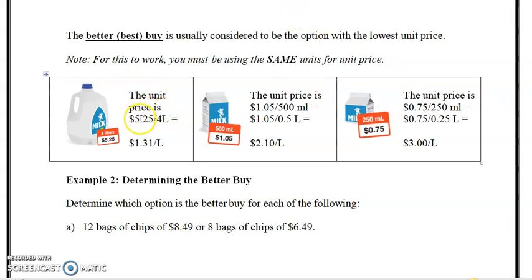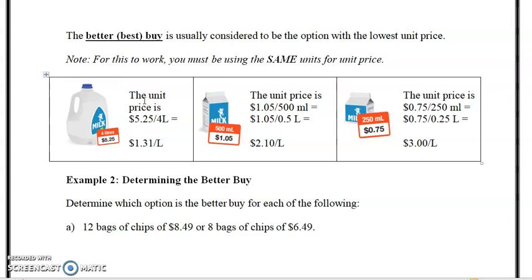The unit price is, again, the milk question from before: $5.25 for 4 liters. So we calculate that at $1.31 per liter. Now the 500 ml container, we take the 1.05 and divide it by 500 milliliters. But first we have to switch the 500 milliliters to 0.5 liters.